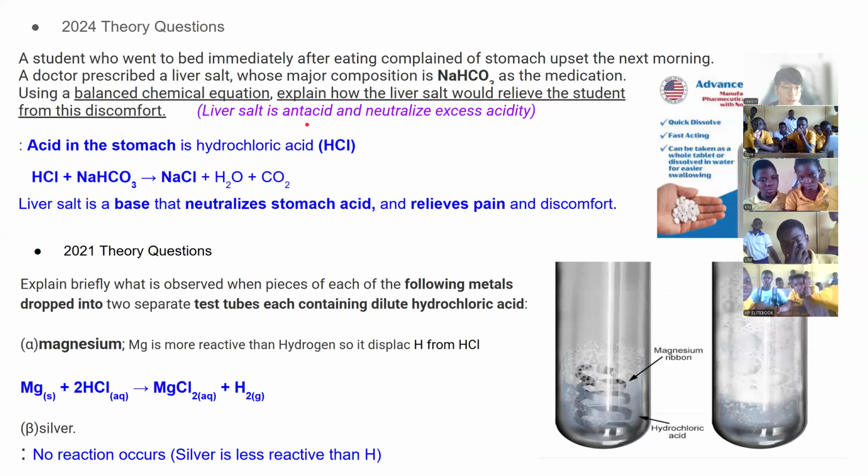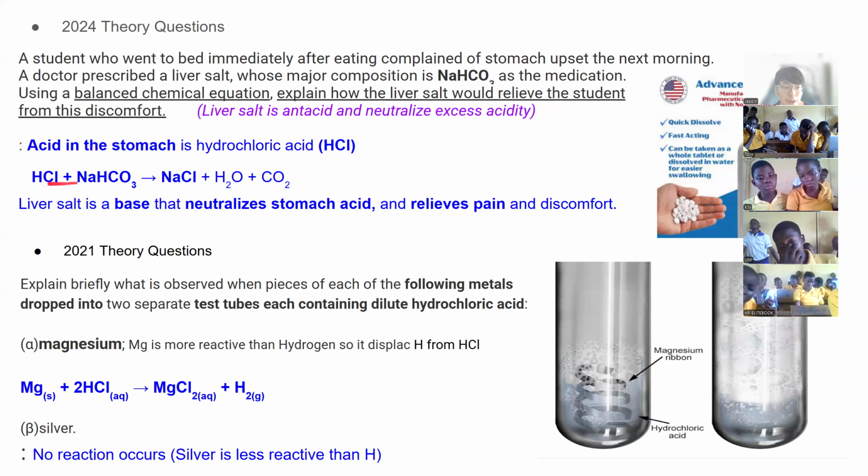Liver salt is an antacid and it neutralizes the excess acidity. The acidity in our stomach acid, remember, is from HCl. Stomach acid is HCl. It's maybe something you need to memorize as well.